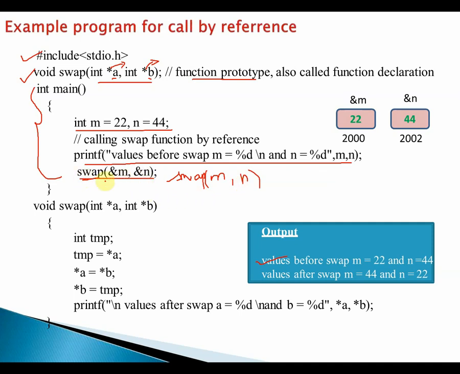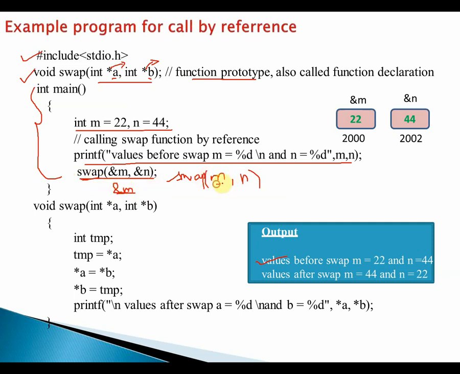Now over here you see the parameters are written differently. What is written is an ampersand and m. This means that we are actually passing the address of that variable. So the address of the variable m is passed to the function swap and not the actual value.